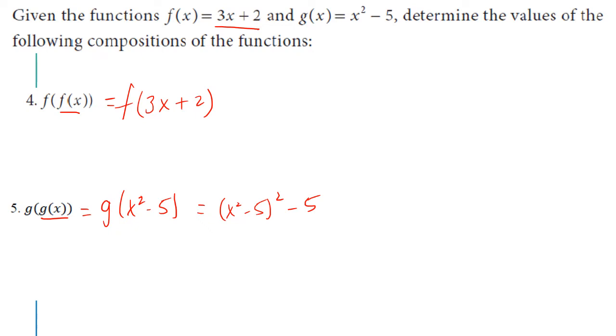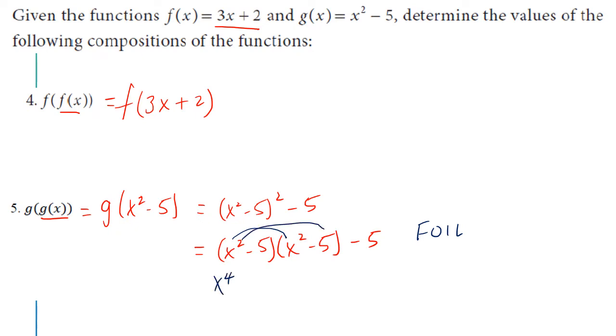Okay, after I've replaced that, now I'm going to clean this up and simplify. This square means that I have 2 of these. So this expands to be x squared minus 5 times x squared minus 5, minus 5. And now we're going to use the FOIL algorithm. So we're going to have first, x squared times x squared gives us x to the 4th. X squared times negative 5 gives us negative 5x squared.